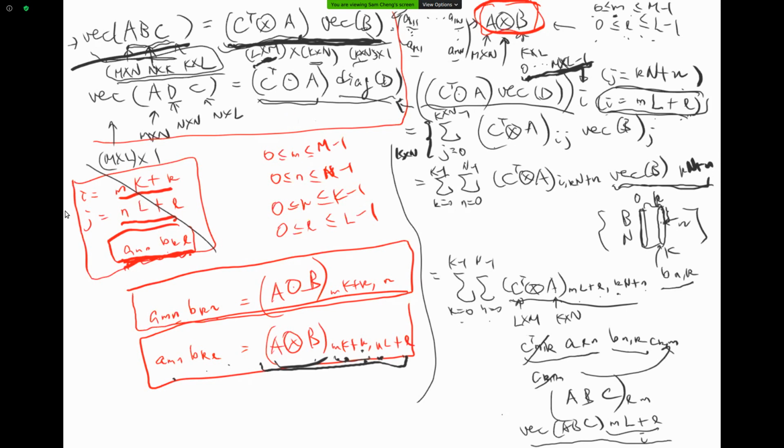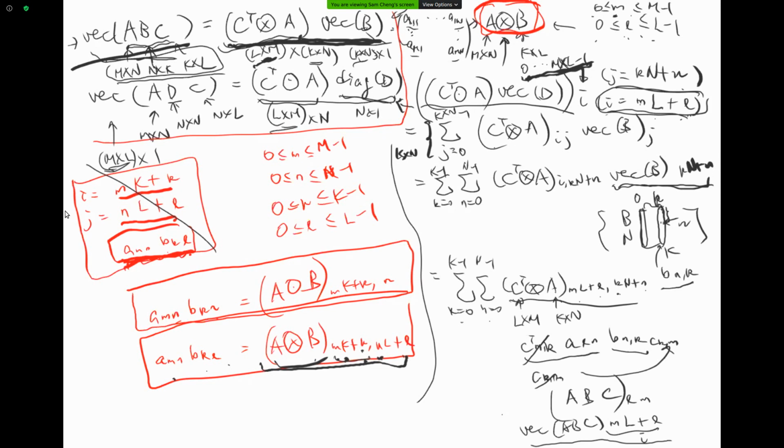C transpose is L by M, and A is M by N, so L times M by N basically. That's right. The dimension of this Khatri-Rao product, and diagonal D, of course, is just n by 1, so when I multiply that, indeed the dimension matches.